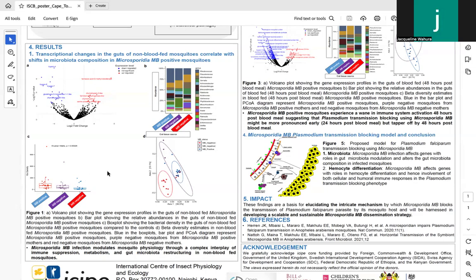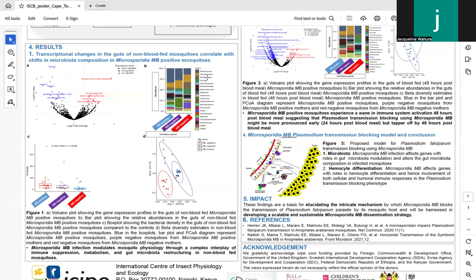In congruence to the study, we observed a relatively low abundance of Serratia and Pseudomonas in Microsporidia MB positive mosquitoes, and the two bacteria have been associated with immune system activation.